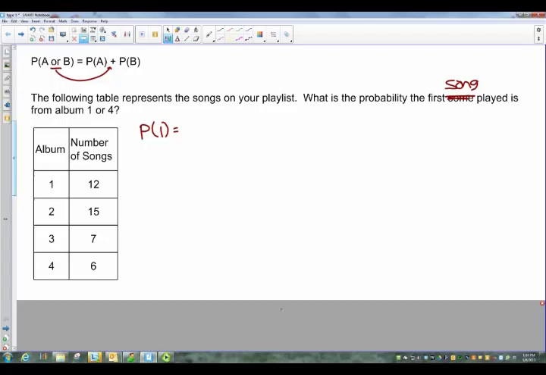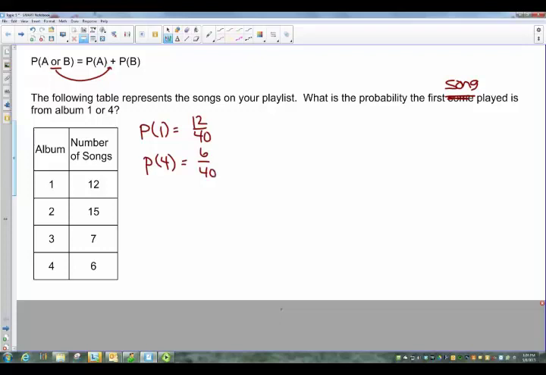So you've got 12 songs that you do want over the 40 total songs in your playlist. Because we're adding and we're dealing with fractions, I would say hold off on simplifying, just to make sure that you have a common denominator. The next one is, what's the probability that the song is from album 4? There are 6 songs that could happen out of the 40 possible, so it's 6 out of 40.